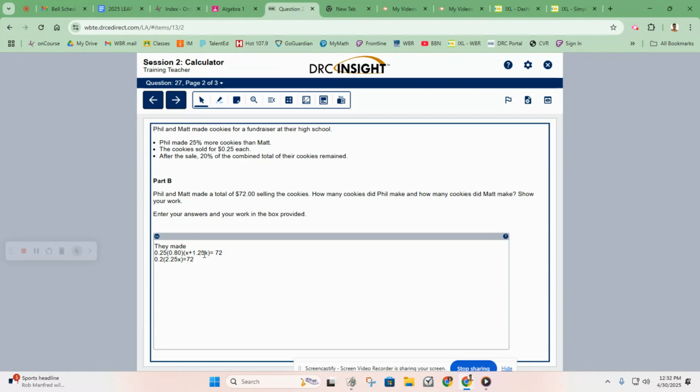I can multiply that 0.2 by the 2.25, and that gives me 0.45x equals the 72. I want to divide both sides by 0.45 to get that x alone. So 0.45x divided by 0.45 is going to equal 72 divided by 0.45.